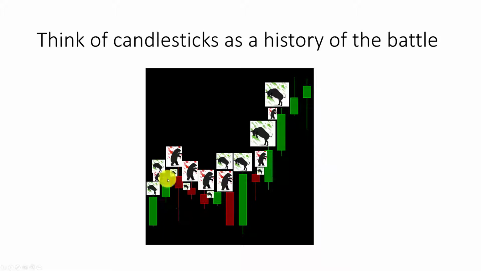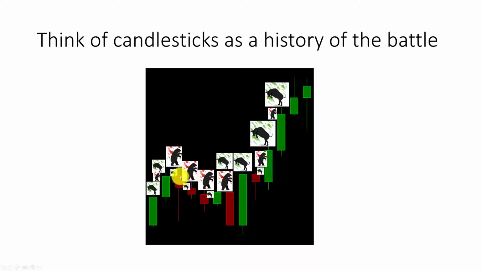When we look at a chart like this and see the movement in these candles, you want to think about it as a battle between the bulls and the bears, between the bidders and the askers. What you're looking at is the history of the battle.